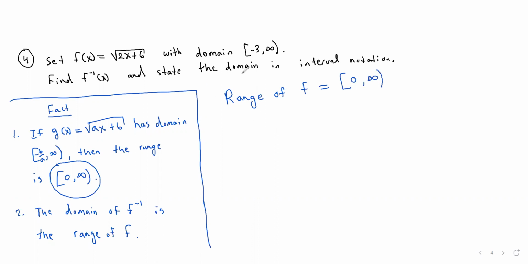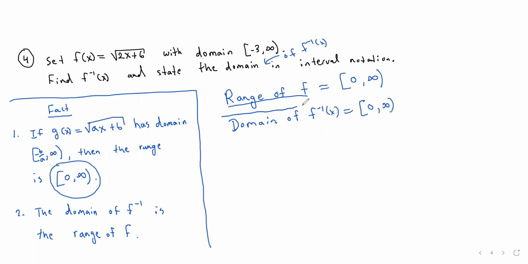And now to find the domain of f inverse, we're going to use rule number 2. The domain of f inverse is the range of f. So we know that the range of f is 0 to infinity, so we know the domain of f inverse is also 0 to infinity.